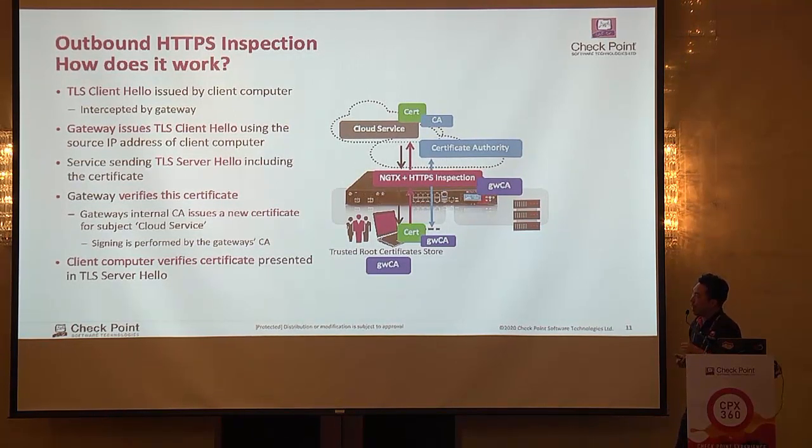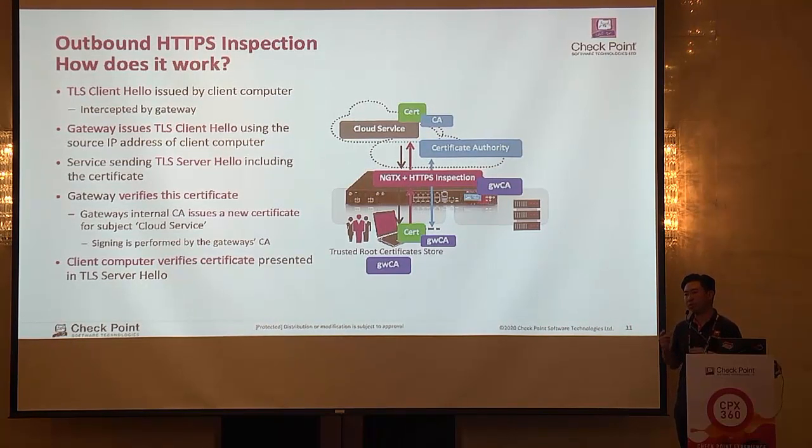After the gateway receives the certificate and does the matching, the gateway's internal CA will issue a new certificate with the subject of the cloud service that the client wants to access, and then the client computer will verify the certificate and start the communication with the server.